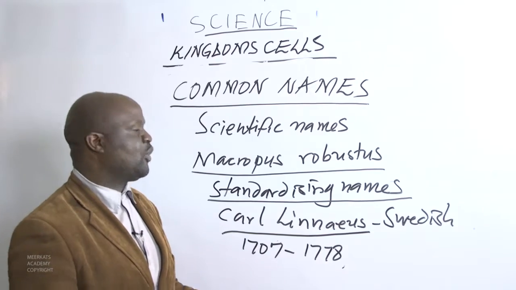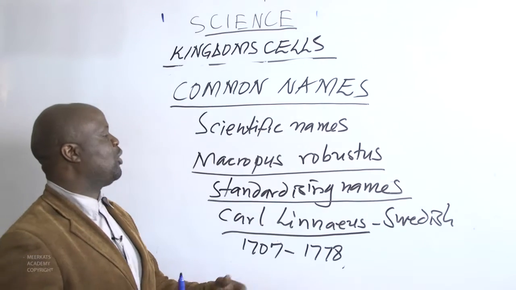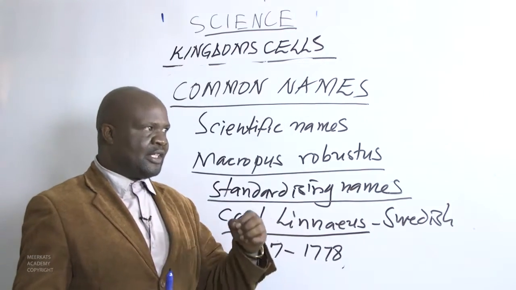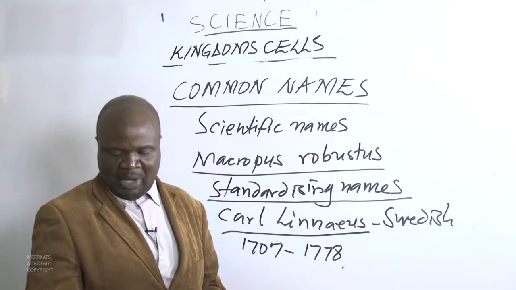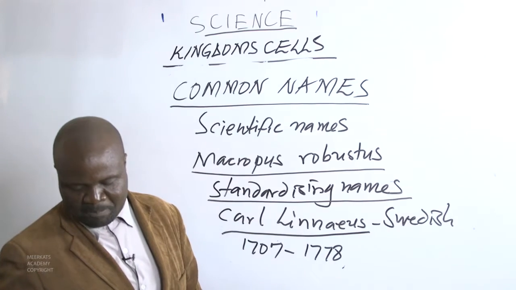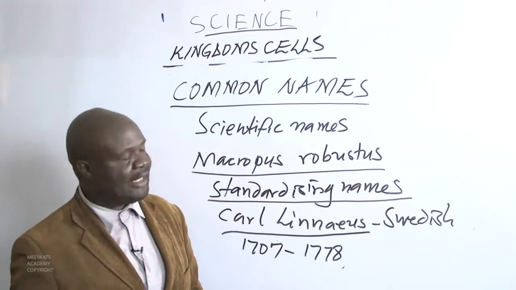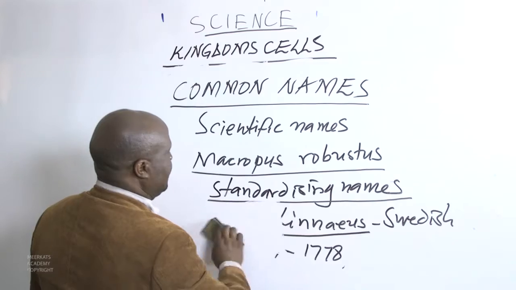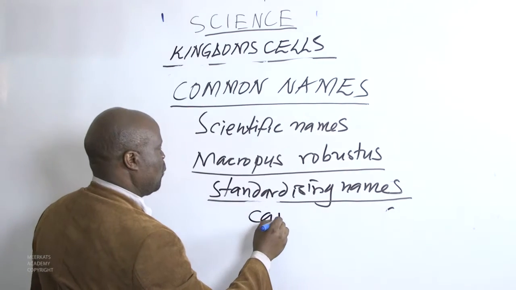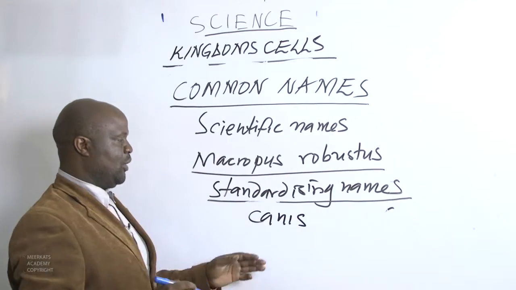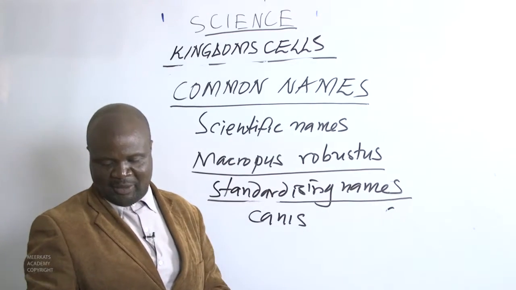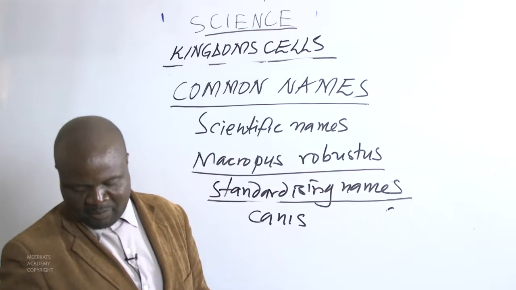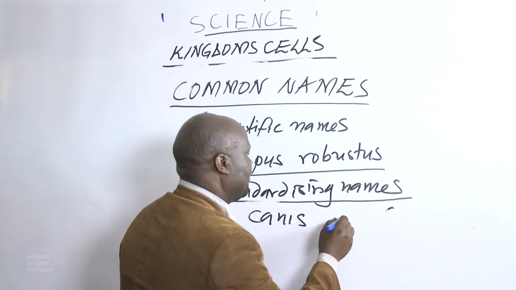He discovered that if you continue describing, the description will become even longer if animals from the same species show up. So he gave an example of a scientific name, Canis. This refers to a dog, the canine. It's a part of a scientific name that refers to a dog.